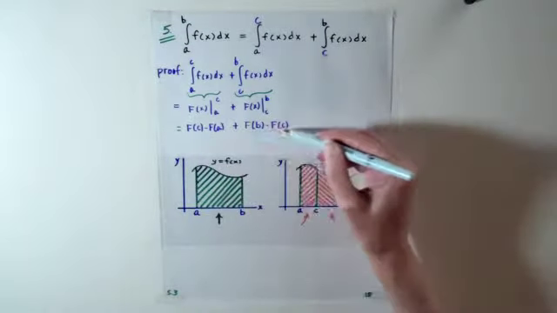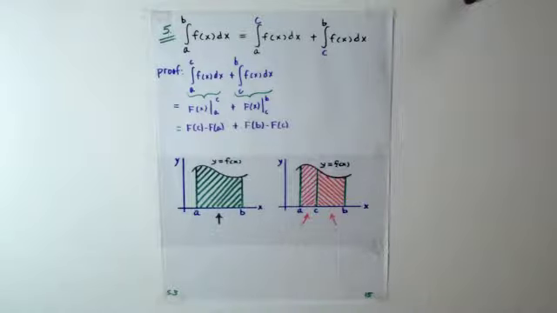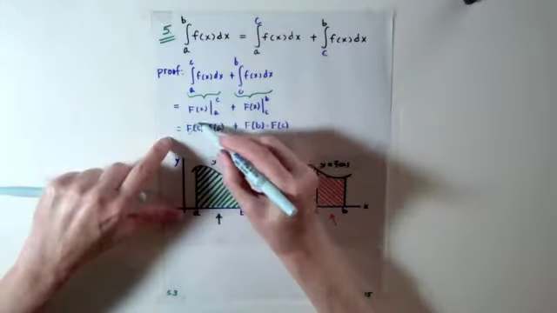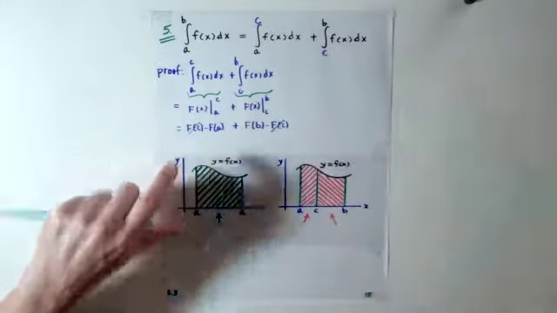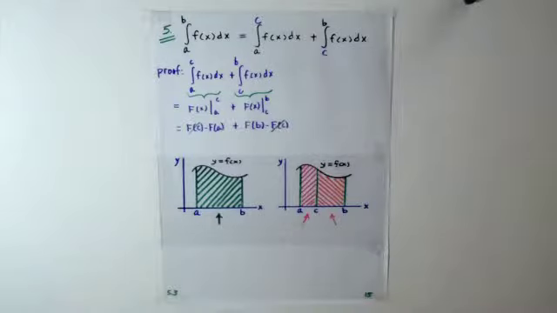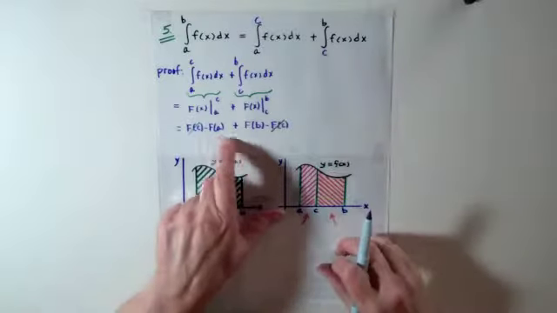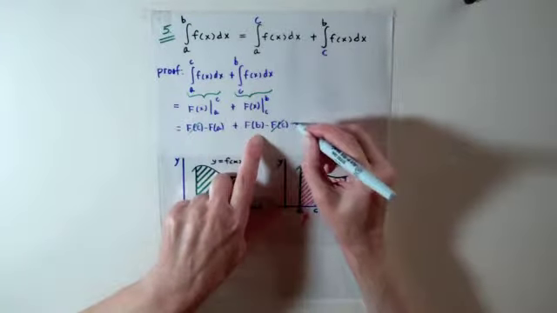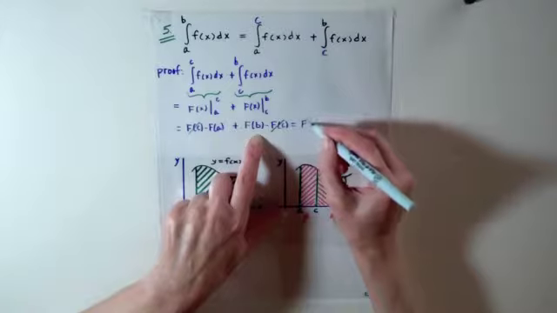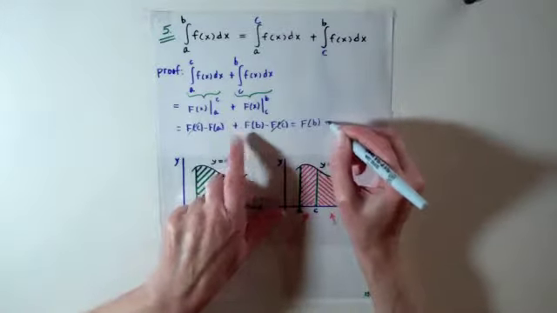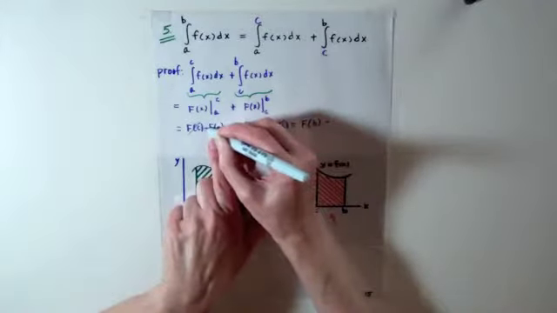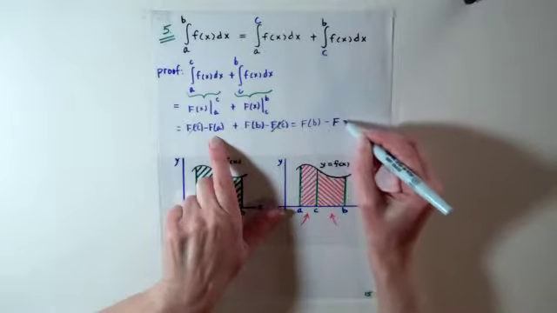Well, when I look at this long string of terms that are added together, something cancels. Can you see what cancels? The capital F of c here cancels with the minus capital F of c there. Those add up to 0. So what am I left with here? I'm left with a negative F of a and a plus F of b. Let me write the F of b first. It's capital F of b minus, there's a minus sign here, capital F of a.